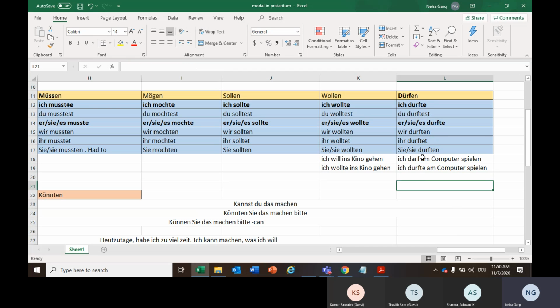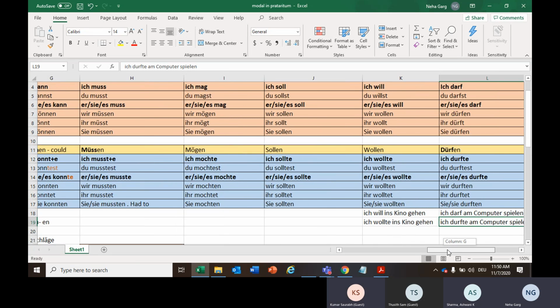So here it is I am allowed to play on the computer, but here I was allowed. Allowed as an individual word is the same, but the tense has changed from I am to I was. Okay. Cool.